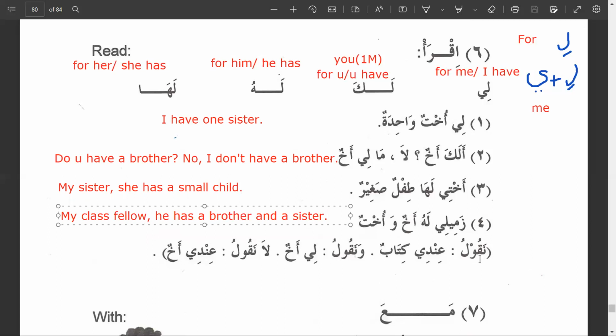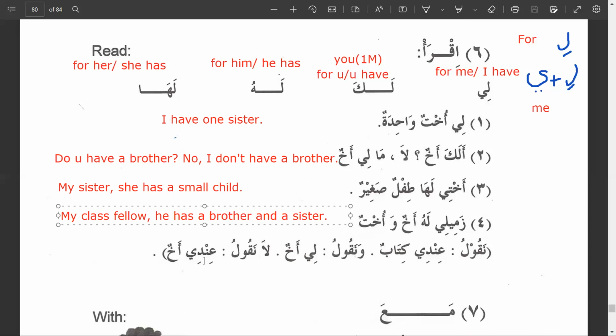Now, nakulu means we say. We say indi kitabun, I have a book. Okay. And we say li akhun, I have a brother. La nakulu, we don't say indi akhun, I have a brother.